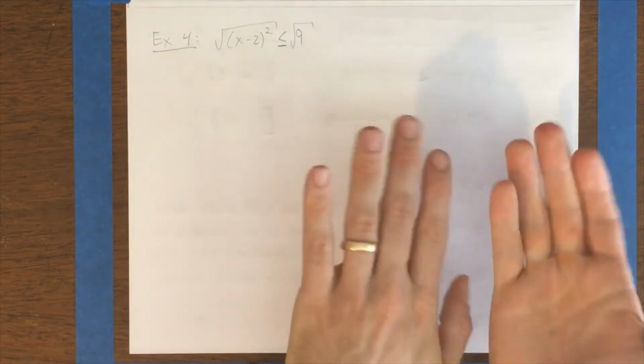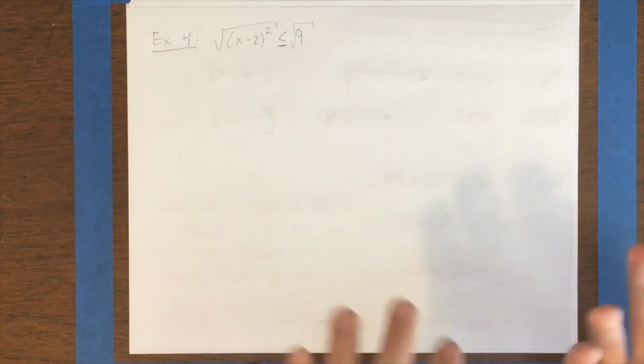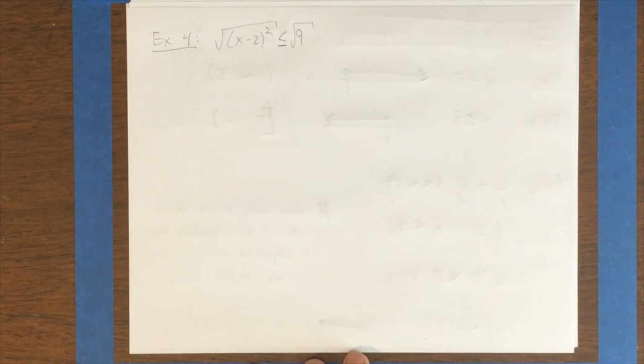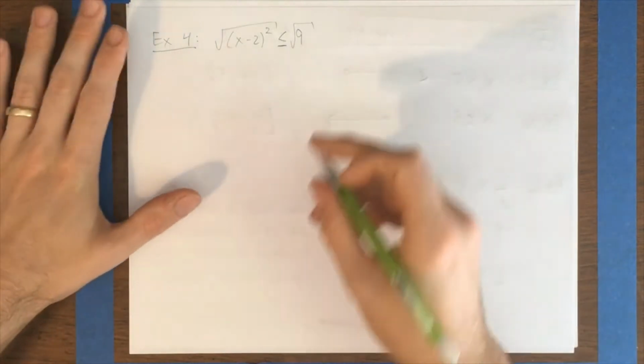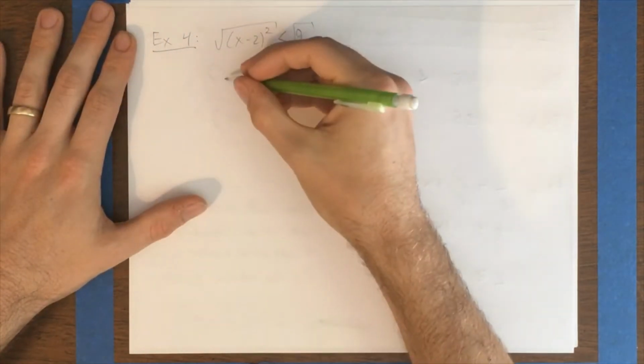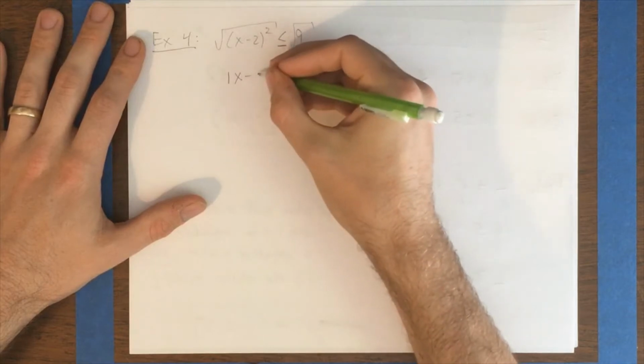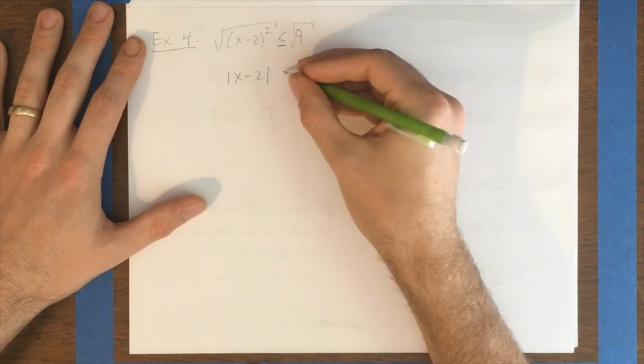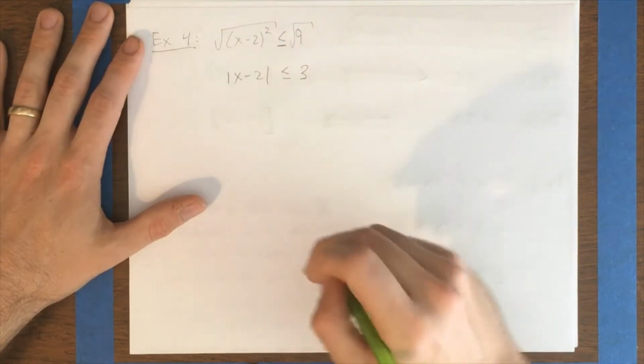It has to do with that whole reflecting business of multiplying by a negative and flipping the symbol around. So to avoid that trap, we need to remember that this really simplifies as the absolute value of x − 2 is less than or equal to 3, right?